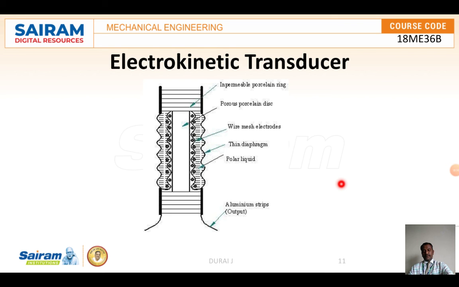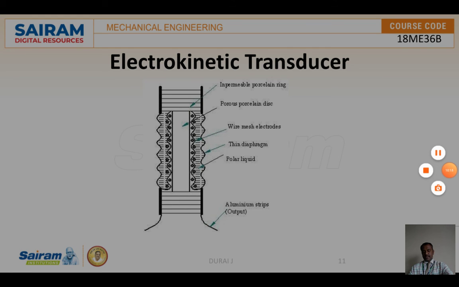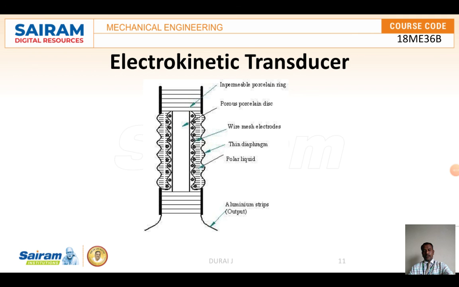The electrokinetic phenomenon is also referred to as the streaming potential. Streaming potential occurs when a polar liquid such as water, methanol or acetylene is forced through the porous disc. When the liquid flows through the porous disc, a voltage is generated, which is in phase with and directly proportional to the pressure across the faces of the disc.